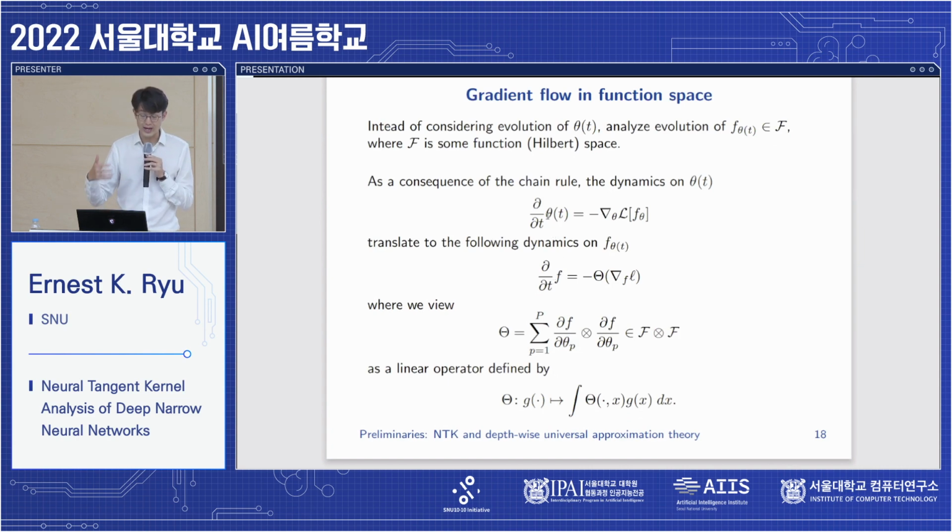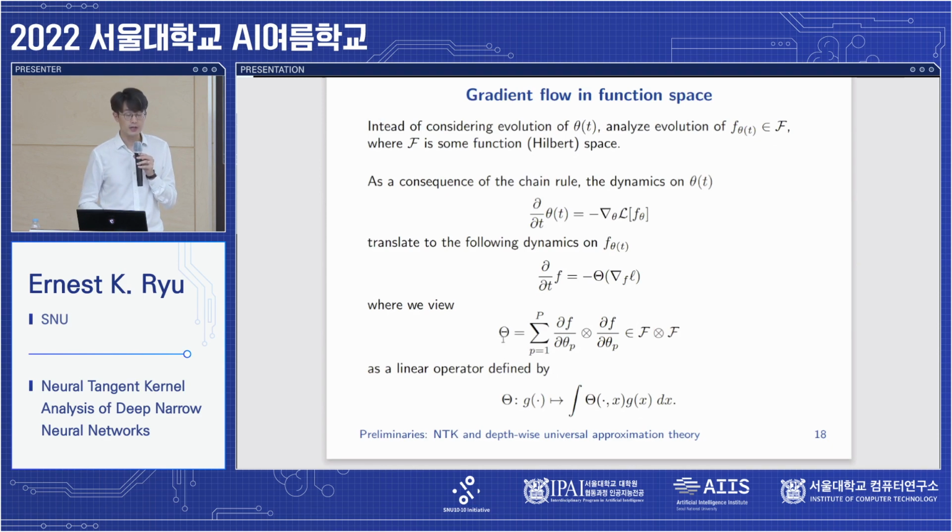And when we translate the training gradient flow, or SGD dynamics, imposed on theta, to the function, and that translation is done via the chain rule and some calculations, then our training dynamics can be expressed as a gradient flow in the function space, preconditioned by the neural tangent kernel, written here as big theta.